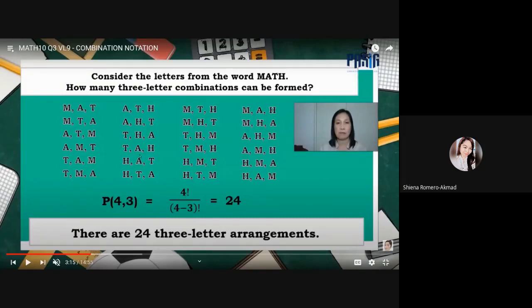How about for the third column? And for the last column, M-A-H.